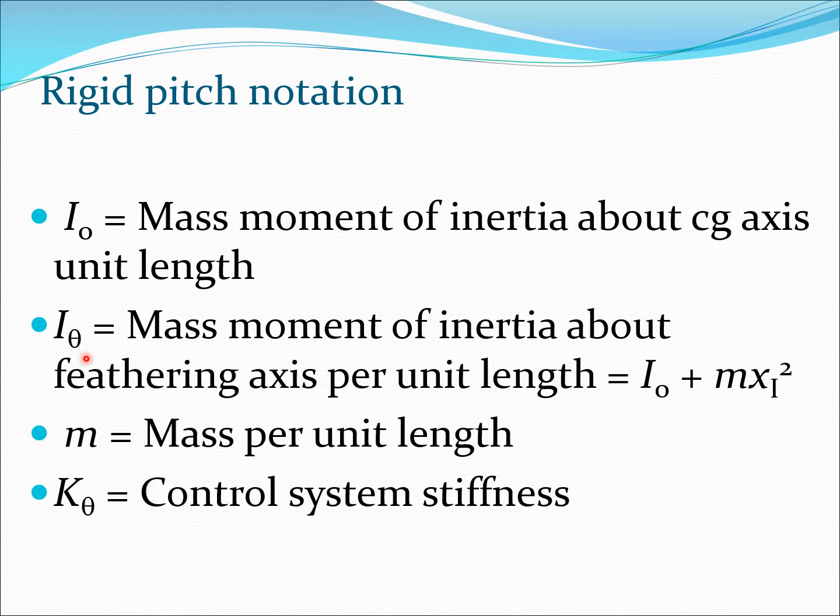I subscript theta is the mass moment around the feathering axis per unit length. The relation is that I theta is I0 plus m xi square, where m is the mass per unit length, and k subscript theta is the control system stiffness. With all these notations lined out, we are going to derive the equation of motion for pitch. First, of course, we are going to look at the forces which act on a section.